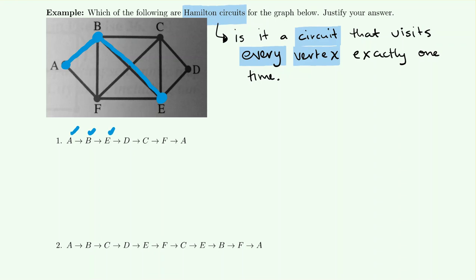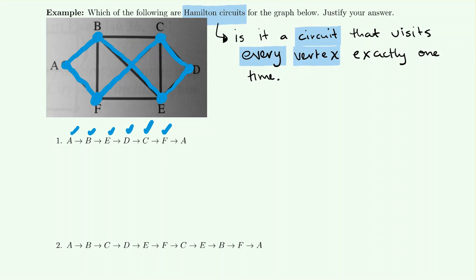We've now visited vertex E, continue to vertex D. We visited vertex D, continue to vertex C, continue to vertex F along its edge that connects C and F, and then go back to vertex A.